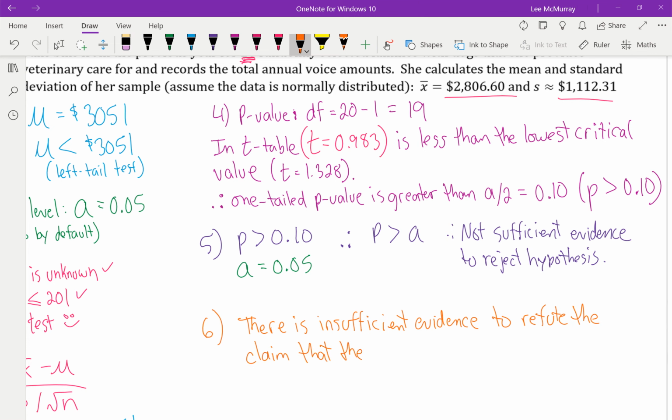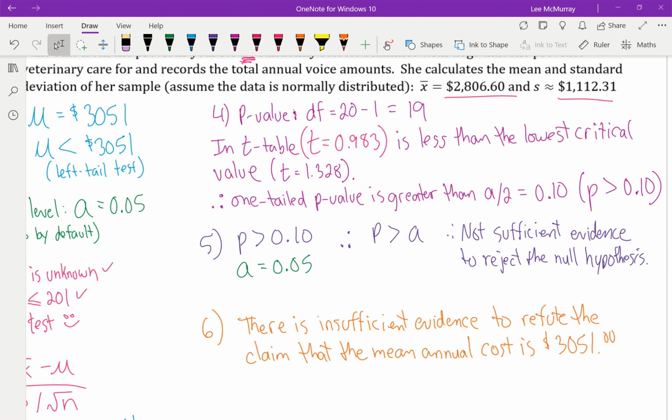that the mean annual cost is 3,051. Okay, and as I write that, I should put up here not sufficient evidence to reject the null hypothesis, because remember, we're always dealing with the null hypothesis, right?